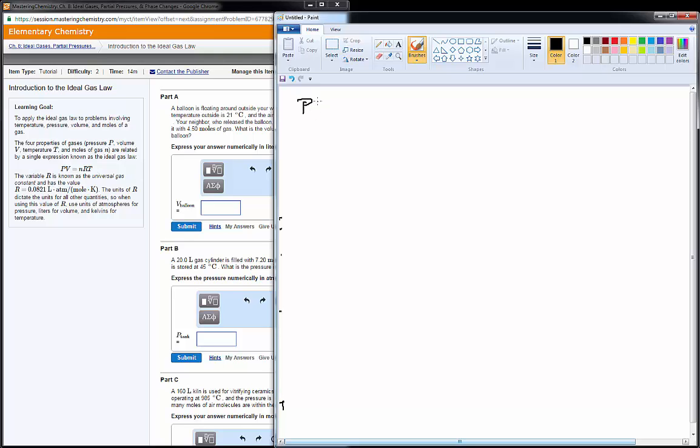The pressure times the volume of any gas will be equal to the number of moles times the gas constant, R, times the temperature. And R equals 0.0821 liter atmospheres per mole Kelvin.